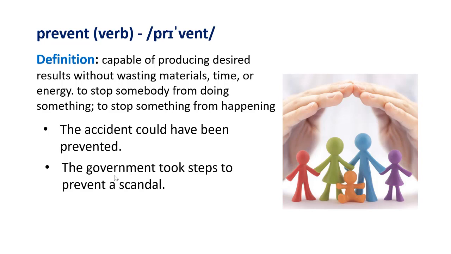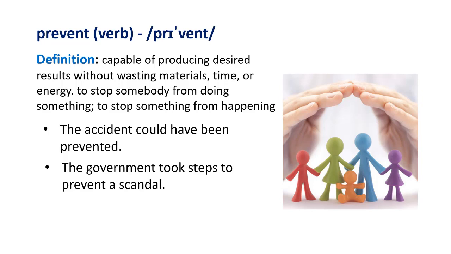Because for this scandal, many people in that country know about it. If the government does not do anything to prevent this scandal, the government will damage its image in the eyes of the people, the residents.